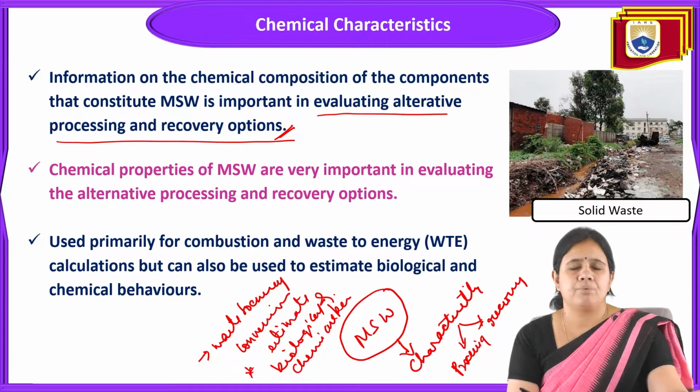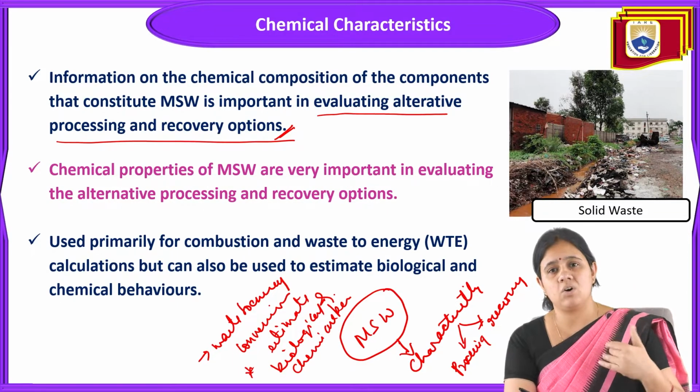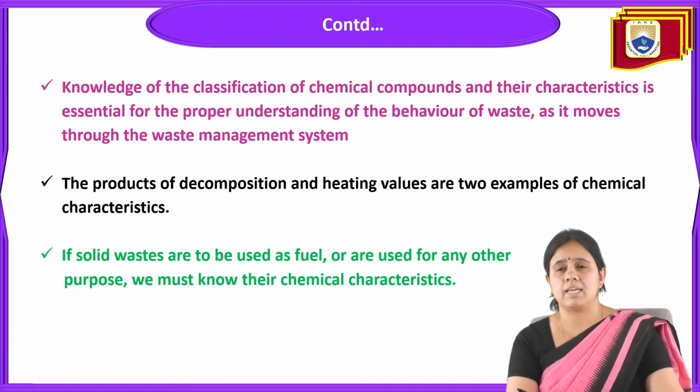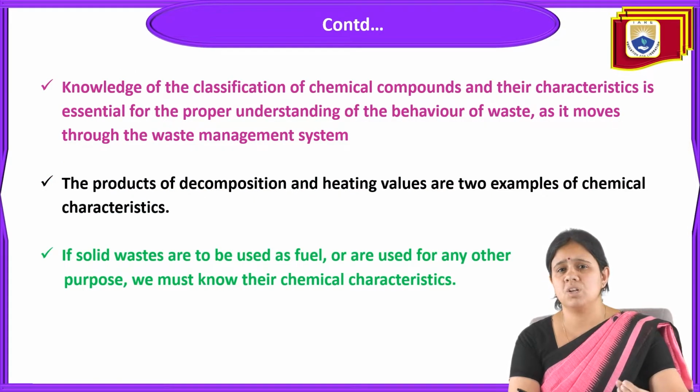After getting all the information about its chemical characteristics, we get an idea about which method is important and where processing should be done. Next, we'll discuss more on these chemical characteristics, because they are very important.